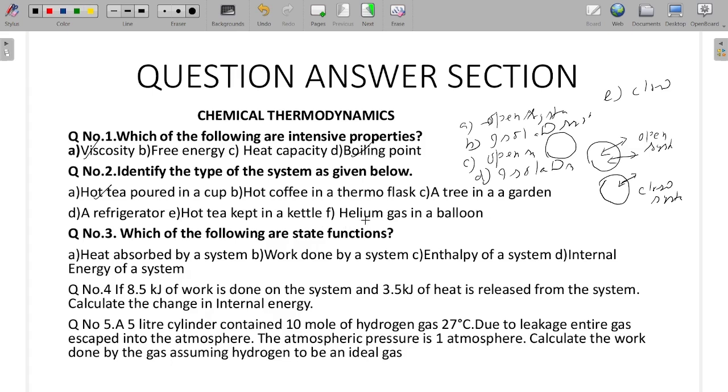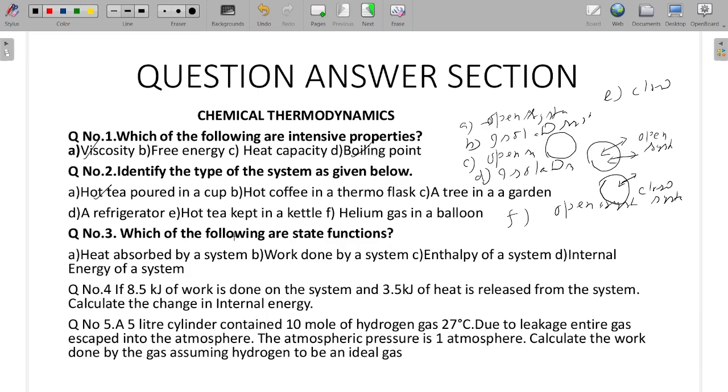Similarly, F, helium gas in a balloon, is an open system. So these are the answers for the question number 2.